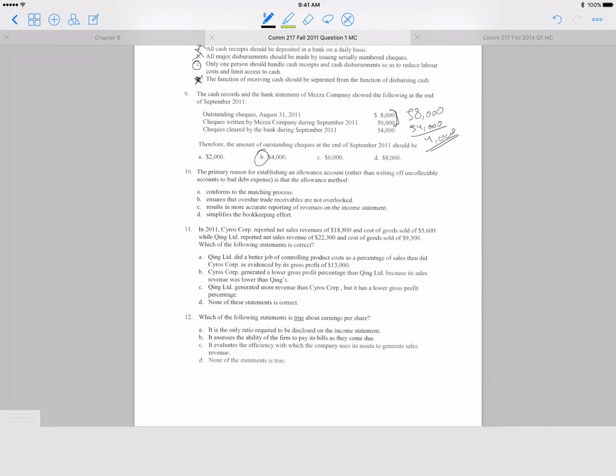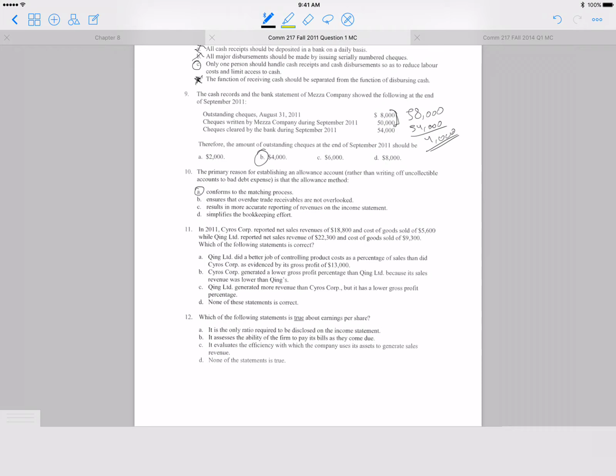Number 10. The primary reason for establishing an allowance account rather than writing off uncollectible accounts to bad debt expense is that the allowance method A conforms to the matching process. Well, this is right because the allowance account reduces your accounts receivable, and your accounts receivable is the one that helps a company gain revenue.